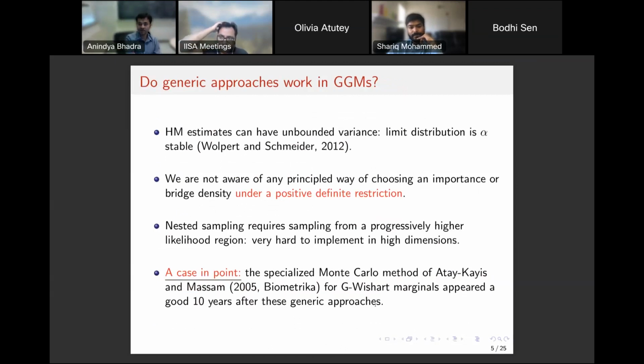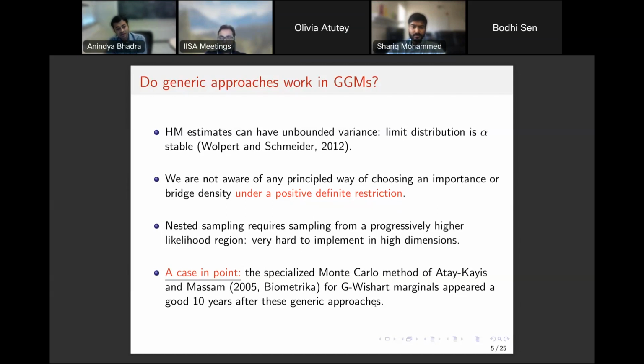There is a paper by Wolpert and Schmidler that shows that if you calculate the limit distribution of the harmonic mean estimate when the sample size is large, the limit distribution is alpha-stable, and oftentimes this alpha will be less than 1. If you have an alpha-stable distribution with alpha less than 1, no moments will exist. It will have not just infinite variance, but infinite mean.